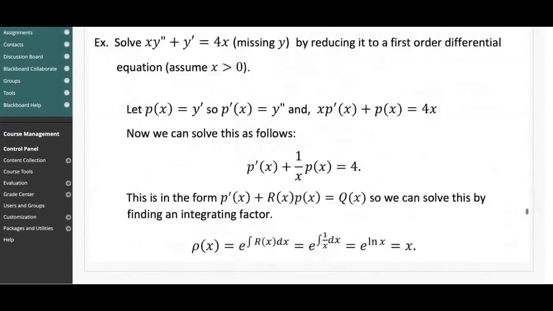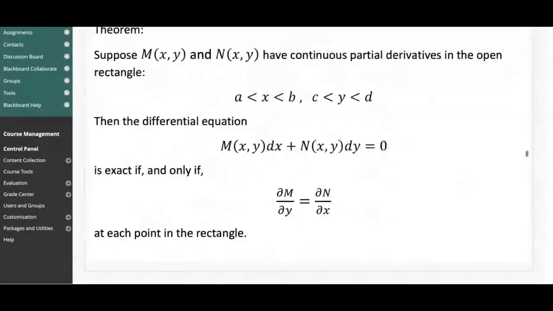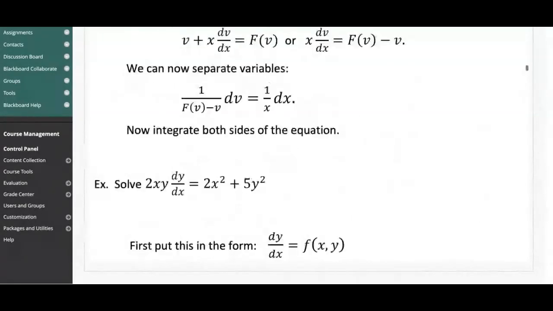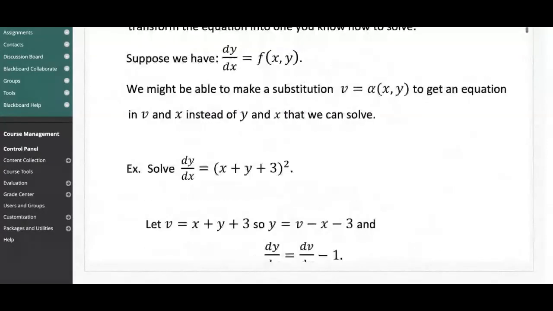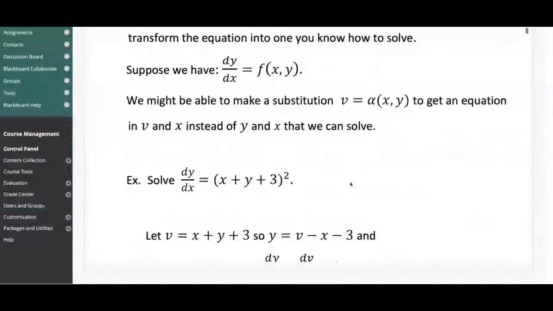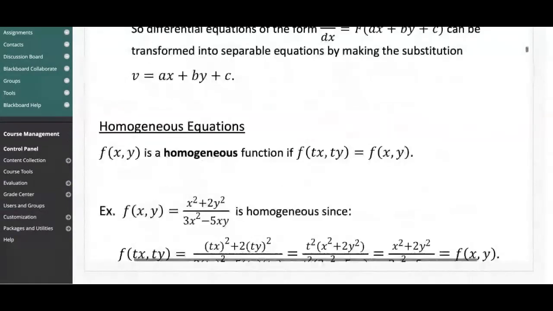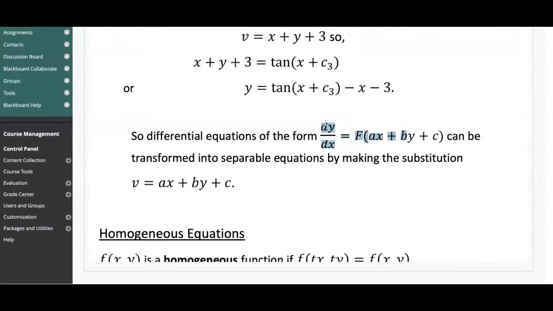So we have learned the substitution method for homogeneous functions and for functions in a special form. Functions in a special form, we can use the substitution method.